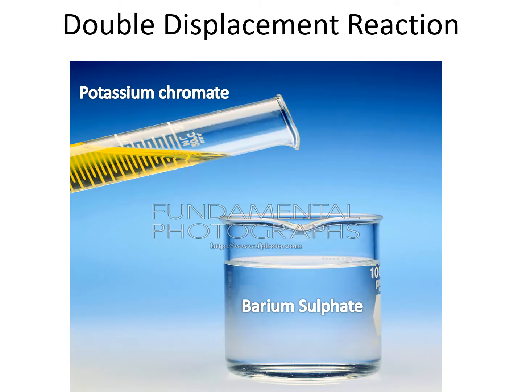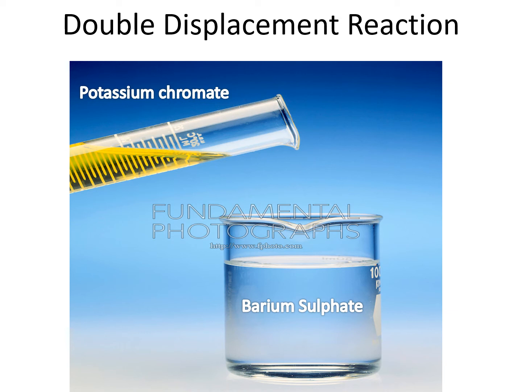Here the example we have is, we are taking yellow potassium chromate and adding it into colorless solution of barium sulfate. It obviously goes to say that the product which will be formed will be barium chromate and potassium sulfate. That is, they will exchange their places. I'll repeat.